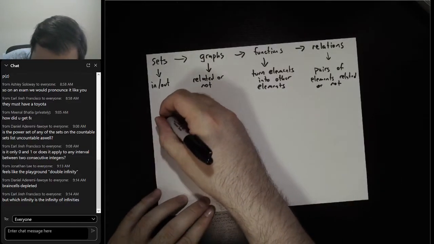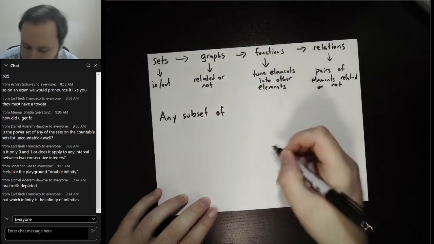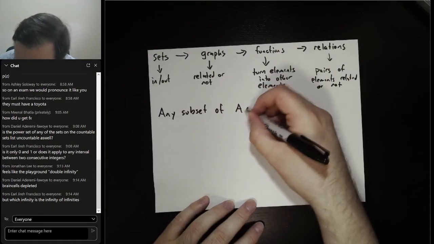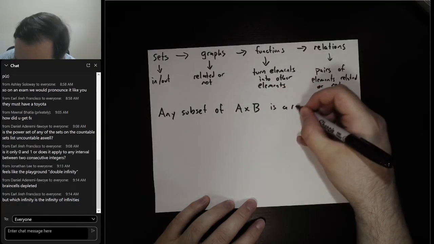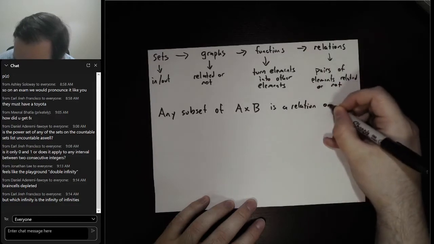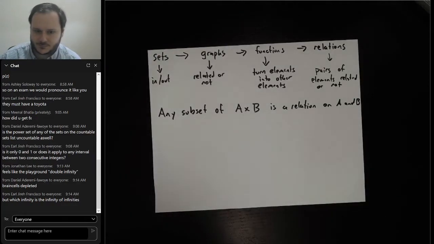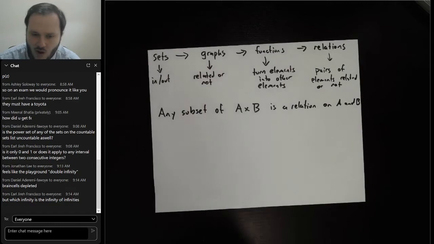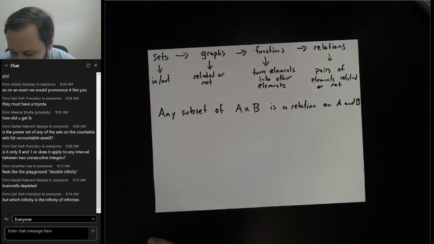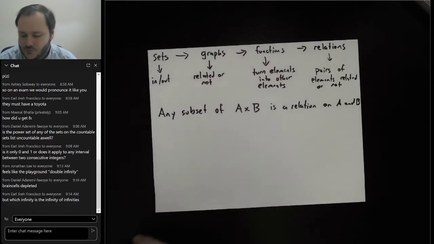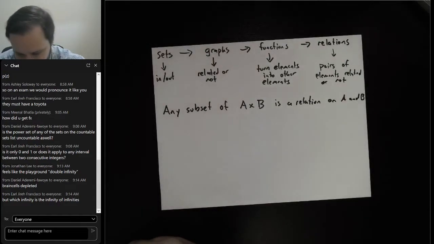Any subset of A cross B is a relation on A and B. So relations are all about ordered pairs. I'm going to take some of the ordered pairs of A cross B. Let's deal with an example to see why these are called relations.